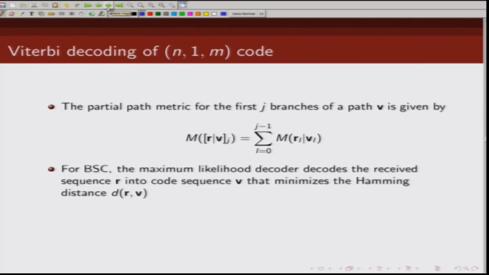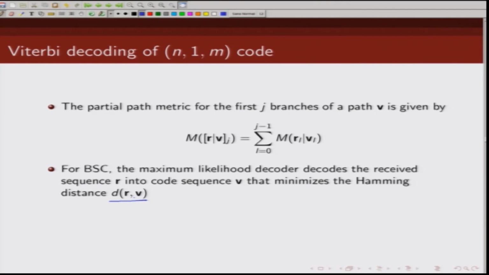Now, what is the maximum likelihood decoding rule for a binary symmetric channel? For a binary symmetric channel, the maximum likelihood decoder is one that decodes the received sequence R into the code sequence V such that the Hamming distance between the received sequence and the transmitted code sequence is minimized.